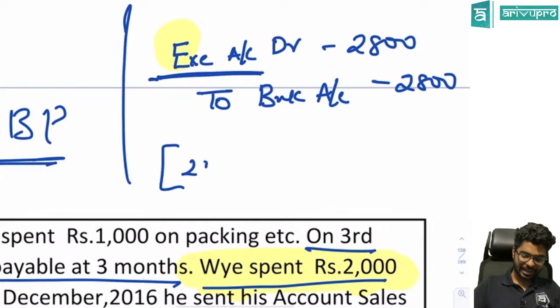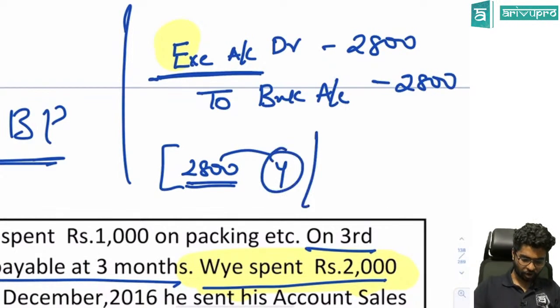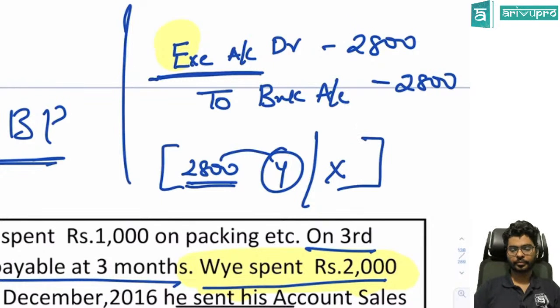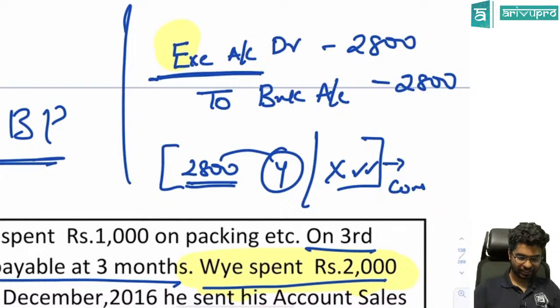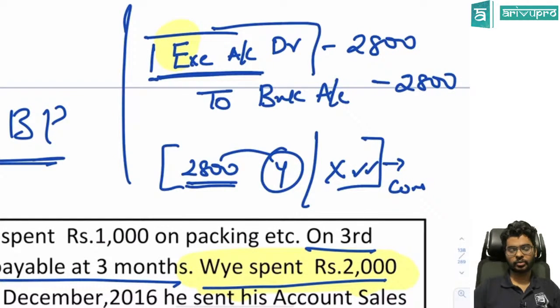This 2,800 expense was incurred for the purpose of Y or purpose of X? These were all incurred for the purpose of X, which was my consignment. That's why X has to reimburse it. That's why it is X to bank account.